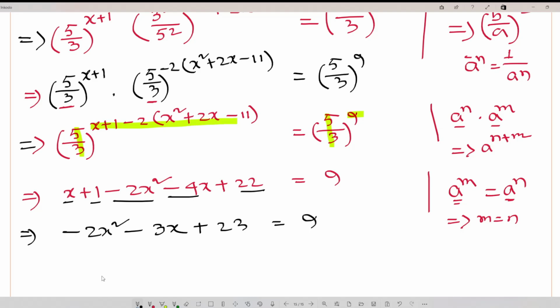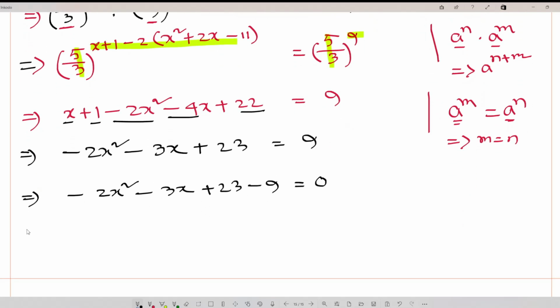Now what can we do? Here is −2x²−3x+23, and this 9 becomes −9, equals 0. Okay, till then we have no problem. Now look, −2x²−3x, and 23 minus 9 means +14, equals 0.